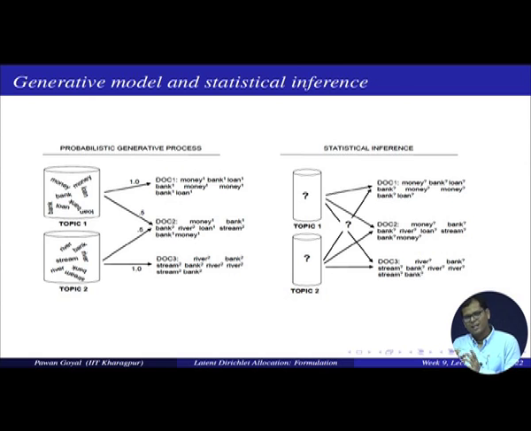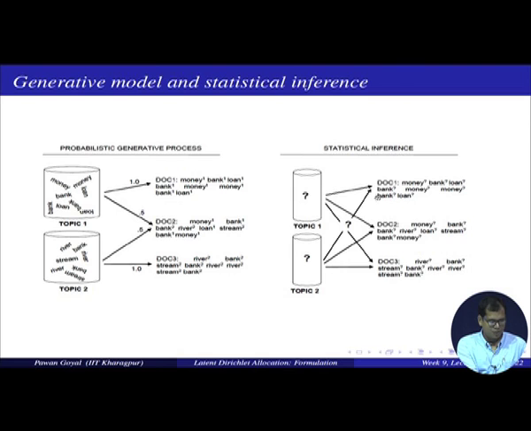Now what is the statistical inference part? In the inference part, you only know your 3 documents. So you know doc 1 contains these words, doc 2 contains these words, doc 3 contains these words. But you do not know what your topics are, and you do not know the proportion of various topics that are present in each document.